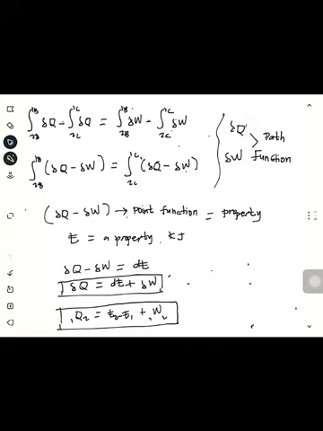This E here, the energy, is a property, and in our previous discussion we considered the internal energy and the kinetic energy. We have the kinetic energy equivalent to 1/2 mv squared.